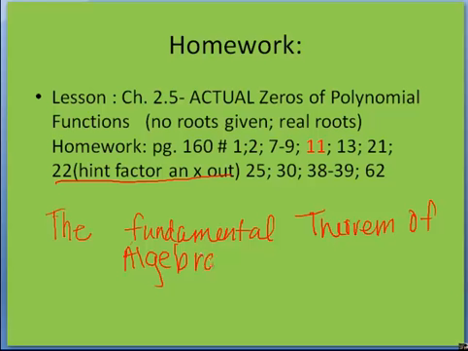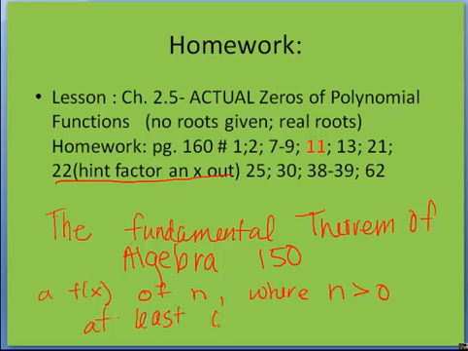This is on page 150 of your homework assignment, and it says if f of x is a polynomial of degree n, where n is greater than 0, so that degree is like a degree 1, a degree 2, a degree 3 polynomial, then we have at least 1 zero in the complex number system.